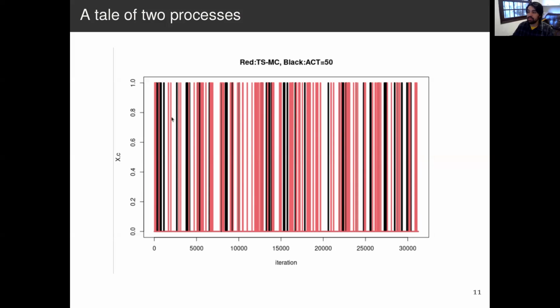Both of these processes have the same ACT, therefore the same ESS, but the red process, the Markov chain, has way more state transitions, right? So when you look at that in real data, you're going to see way fewer transitions, and therefore my method is going to be fooled into thinking that's a very slow mixing Markov chain.